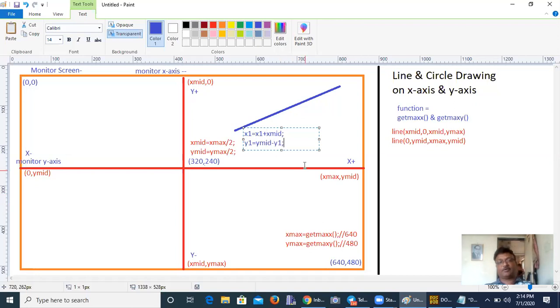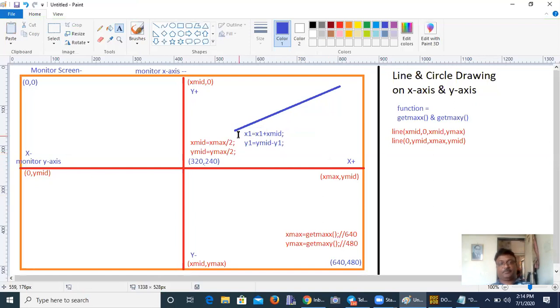So the y value you have to subtract from y mid, and the x1 value you have to add to the x mid. So that becomes your new x1, y1 as per this axis coordinate system.